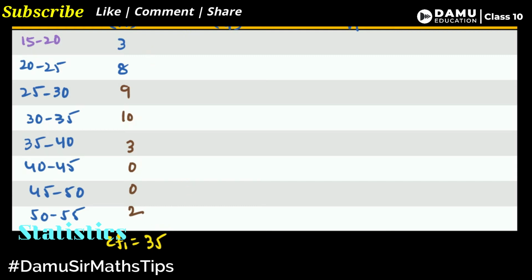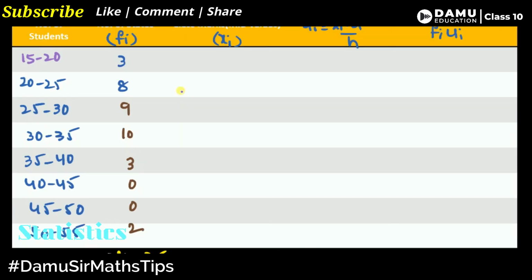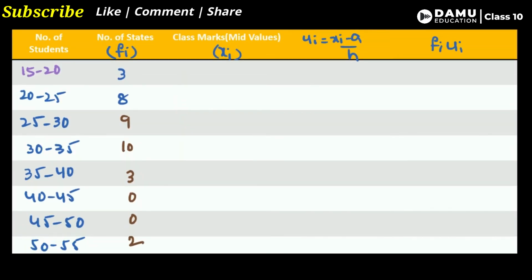Let's move on to calculating the middle values. We find the sum of the lower and upper limits divided by 2. So 15 plus 20 by 2 is 35 by 2, which is 17.5.